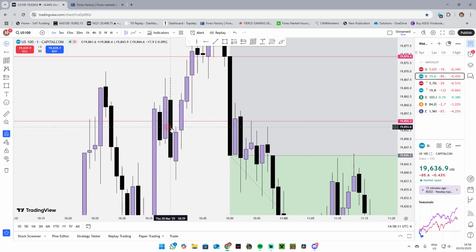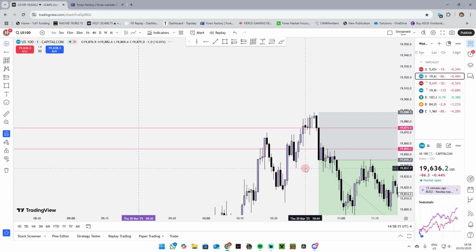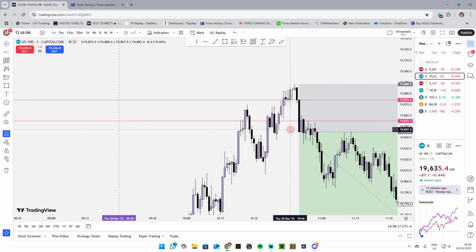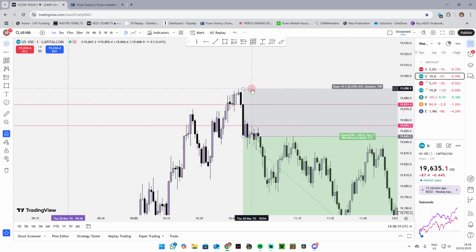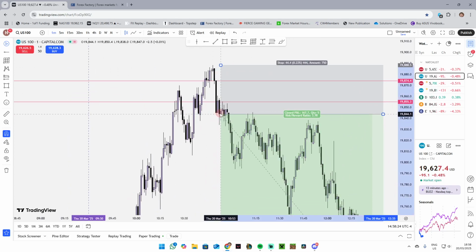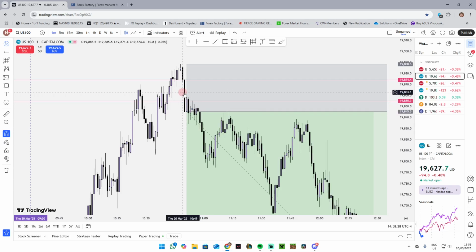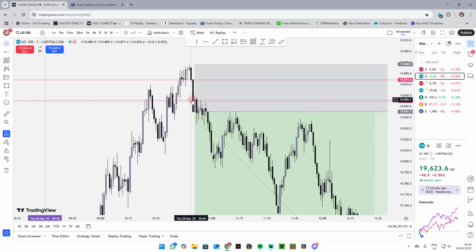We broke structure, inverse, and we had a fat candle down. That's all I entered off, the break of structure and the inverse. Stops above this high. Following my trading plan, entered off the next candle. Stuck in drawdown the very first minutes. And, you know, I hate to break it to you, but nah, I'm waffling.